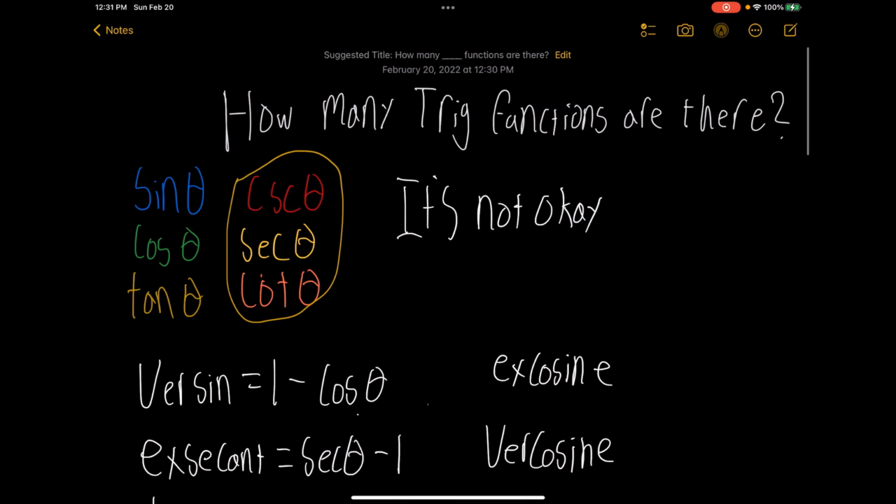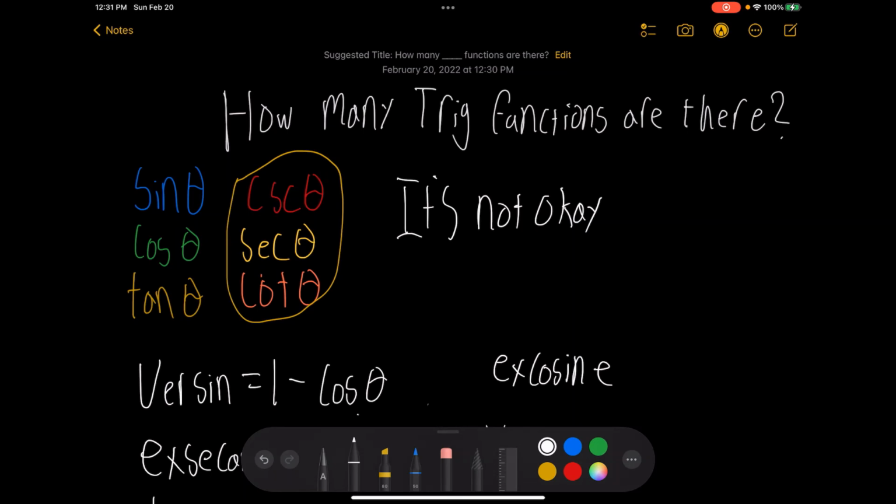That's the answer to how many trig functions there are. There are several answers. You could definitely argue that technically there's only one, sine theta. Most high school students, when they start off, are going to be using 3.